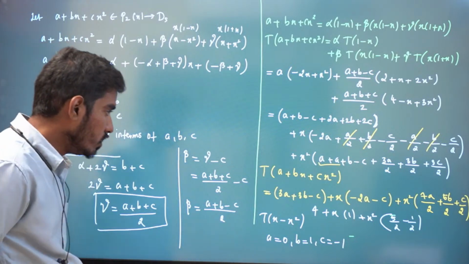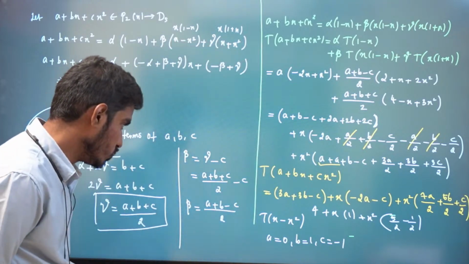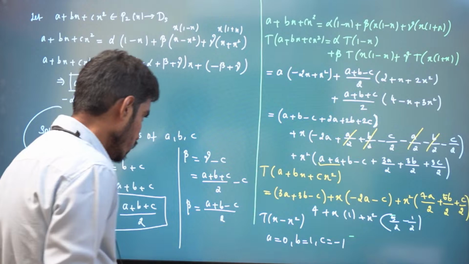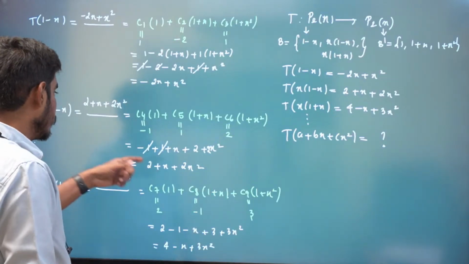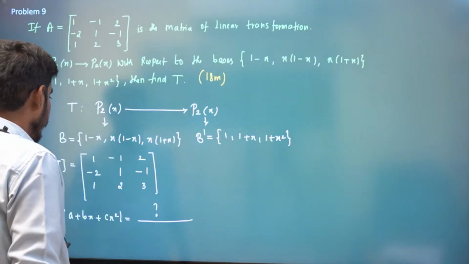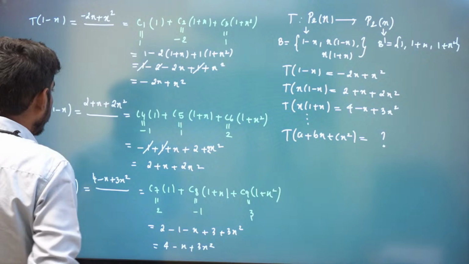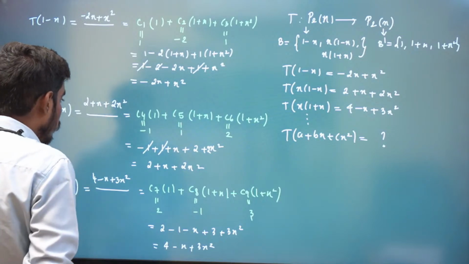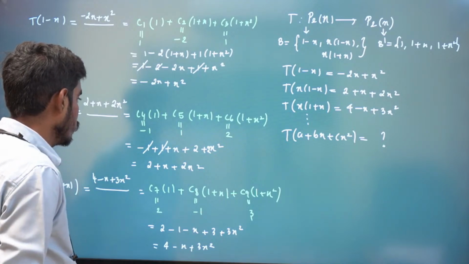We are getting here what? a is 0, b is 1, c is minus 1.